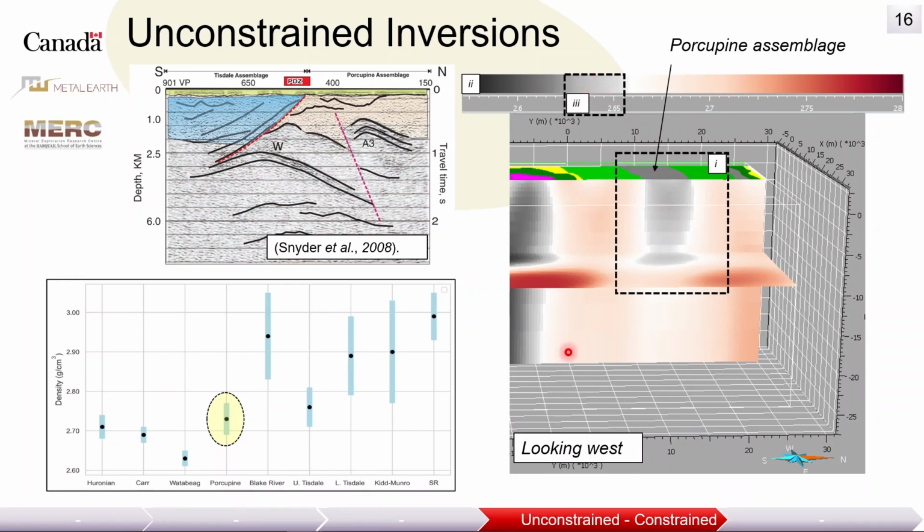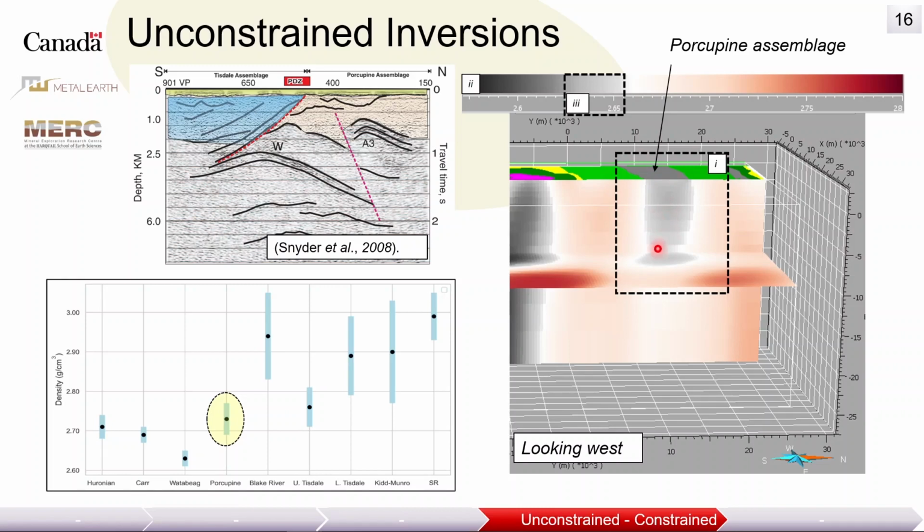When we are doing an inversion, in the case of gravity inversion, we try to resolve the density problem, the geometry of the source, and also the depth of the source. For this case, I'm going to take the depth of the source as the thickness of the source.